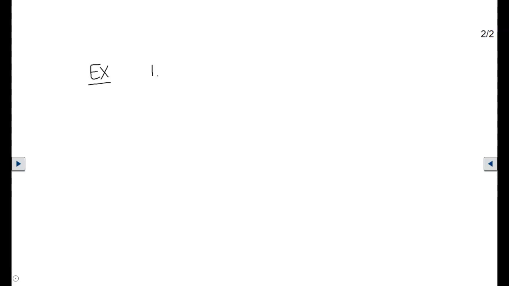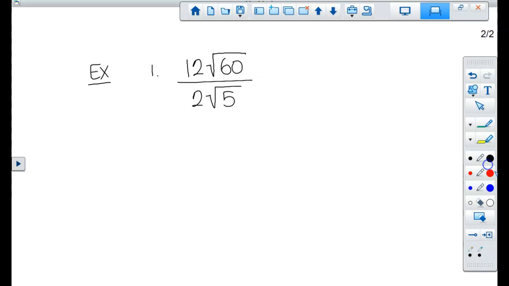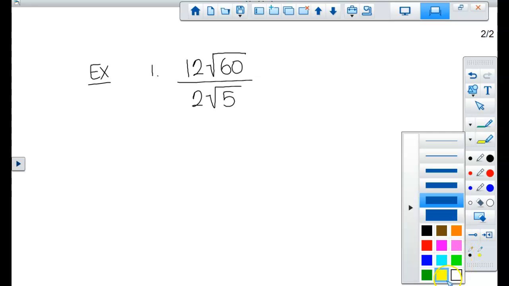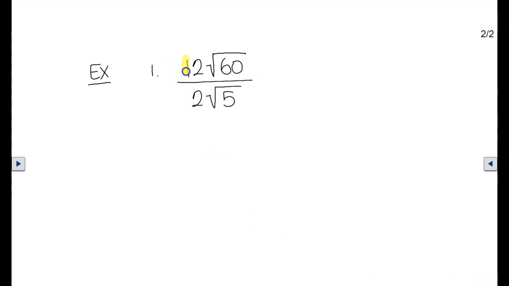First up, we are going to do 12 square roots of 60 divided by 2 square roots of 5. So 12 square roots of 60 divided by 2 square roots of 5. All right, so the first thing we're going to do is the outside, which is 12, divided by the outside, which is 2.